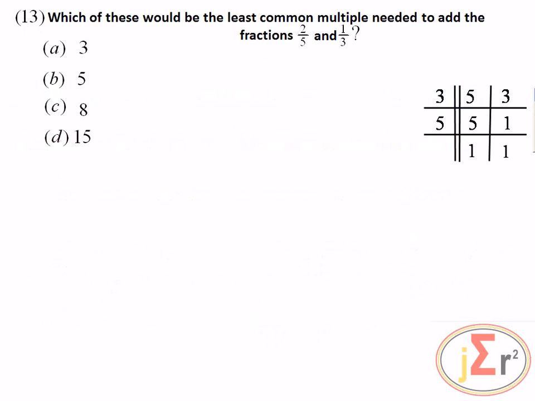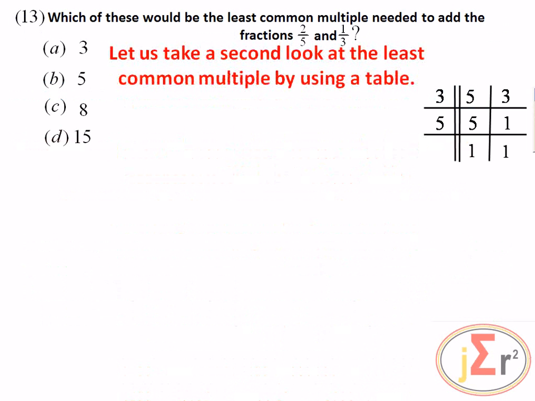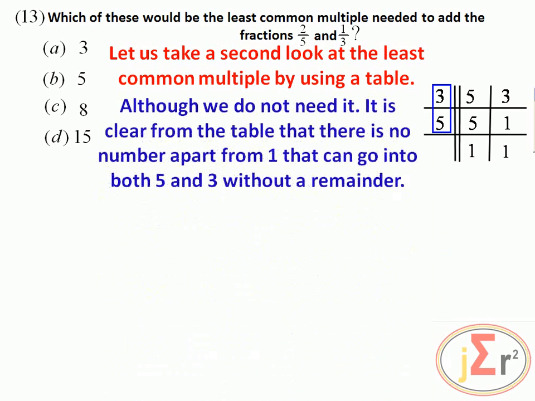Let us take a second look at the least common multiple by using a table. Although we do not need it, it is clear from the table that there is no number apart from 1 that can go into both 5 and 3 without leaving a remainder.